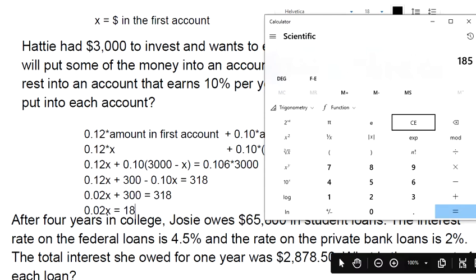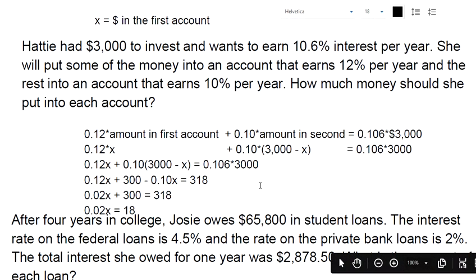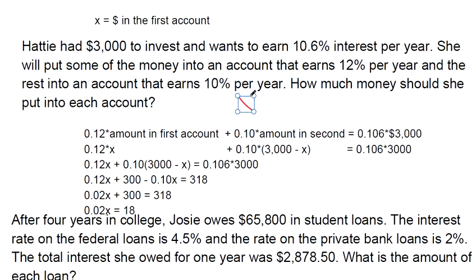So 18 divided by 0.02 gives us 900. Going back to what X was, that's the amount of money in the first account. So we put $900 in the 12% account, and that means we have 2,100 in the second account, the 10% account.